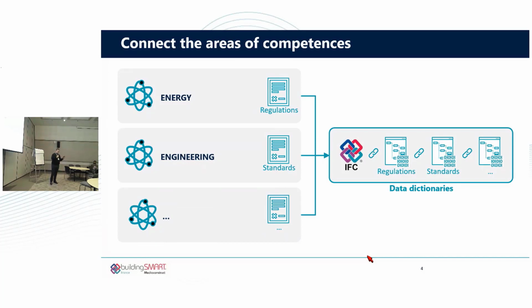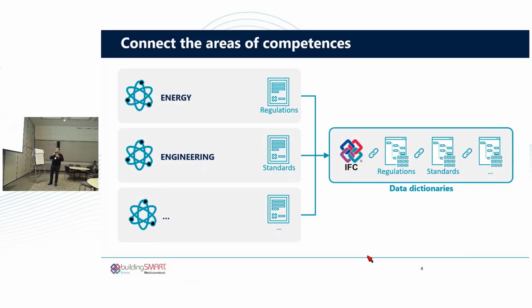The major objective of a dictionary is to define those terminologies in a digital way, and the other part is to be able to link those sources of semantics, because when you share a model with other users, you want them to understand your terminology, what you use to define your data, the same way that you are using it.